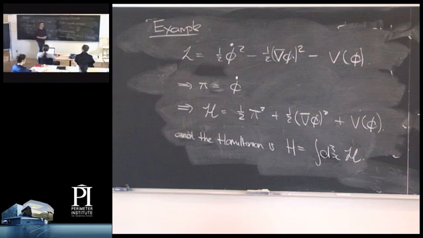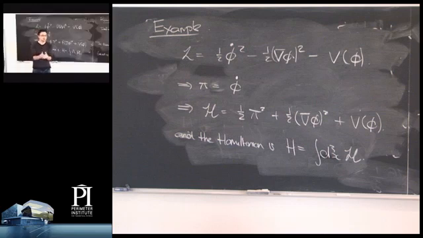Defining the conjugate momentum picks out a time. So this is not a Lorentz invariant choice. Yeah. The H, which is the integral of the Hamiltonian density, how does that compare with the zeroth component of the charge, which is conserved? Good. So it's just like in particle mechanics. If you take simple systems, you compute the Hamiltonian, that's very often equal to the energy that you compute by time translation invariance in the Lagrangian.